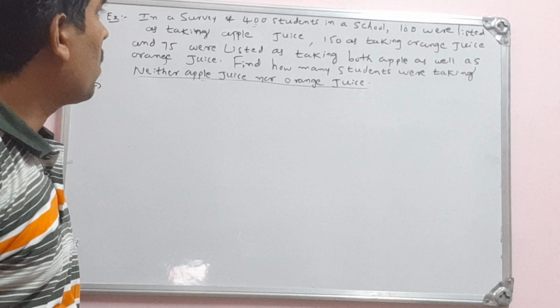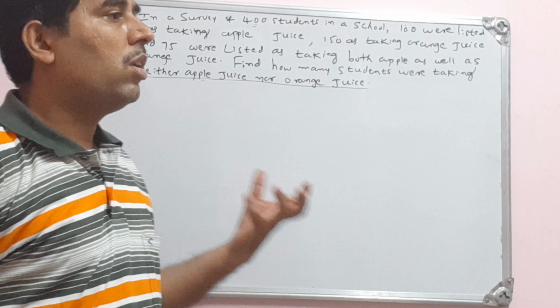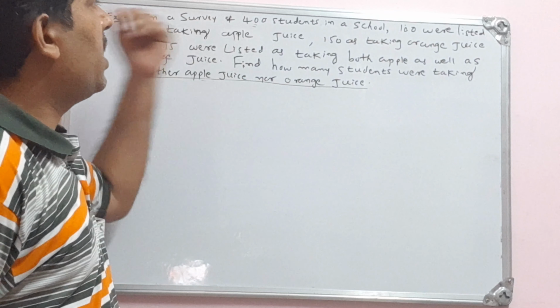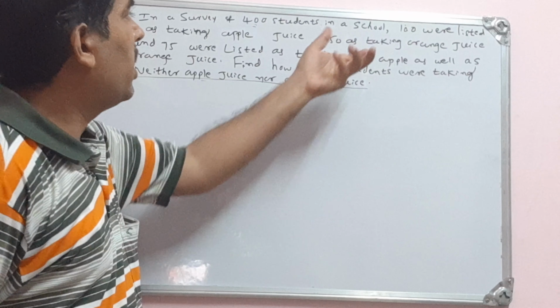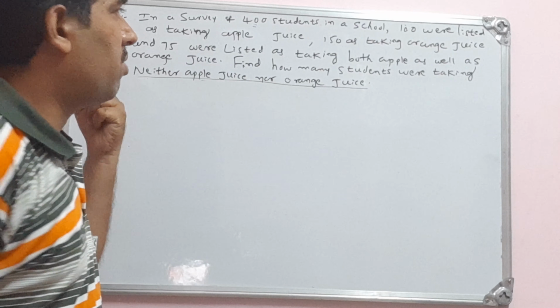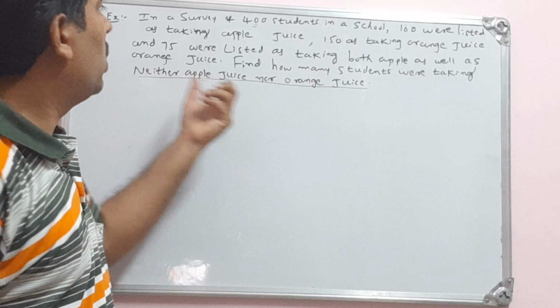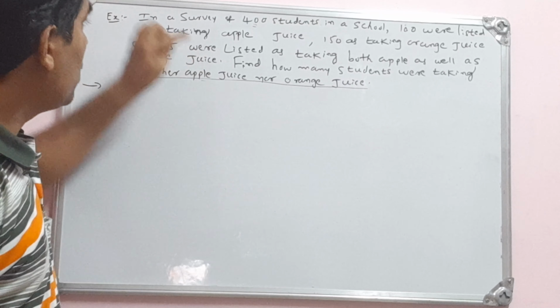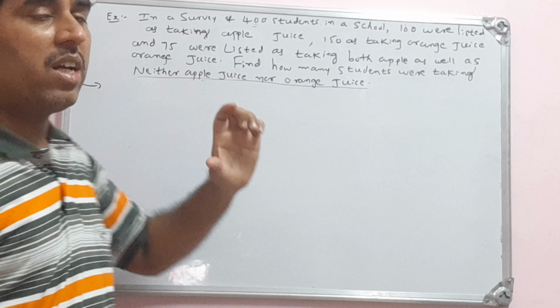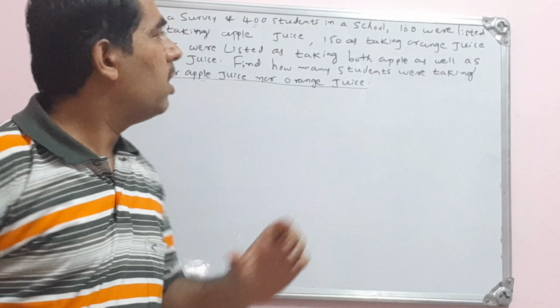Here, it is easy to say that, by seeing 400, what we think of is union. Then we make the separate sets of people who like orange juice and apple juice. Here we have to be careful. In a survey, they have surveyed 400 students.